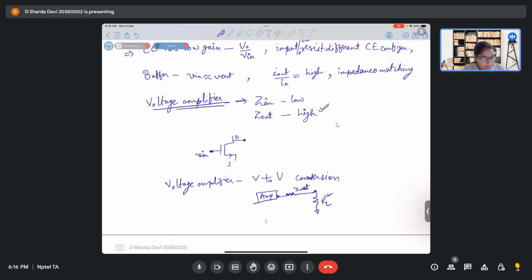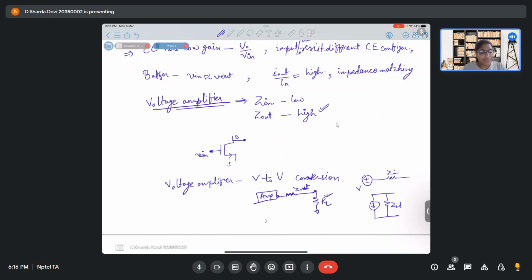Yes, and when we talk about a voltage, it is always represented in Thevenin equivalent form, right? Yes, ma'am. So it's basically plus minus V in series Z. Whereas when we talk about Norton equivalent, it's for current, where it is current in parallel with its resistance, Z in or Z out.